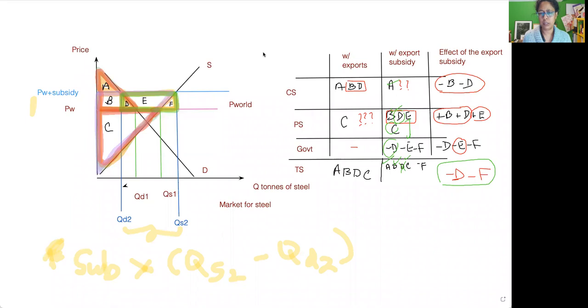So what's the total surplus with the export subsidy? Well, up to QD1, the total surplus is everything below the demand curve but above the cost, okay? So once we produce QD1, the wealth is there in the economy.